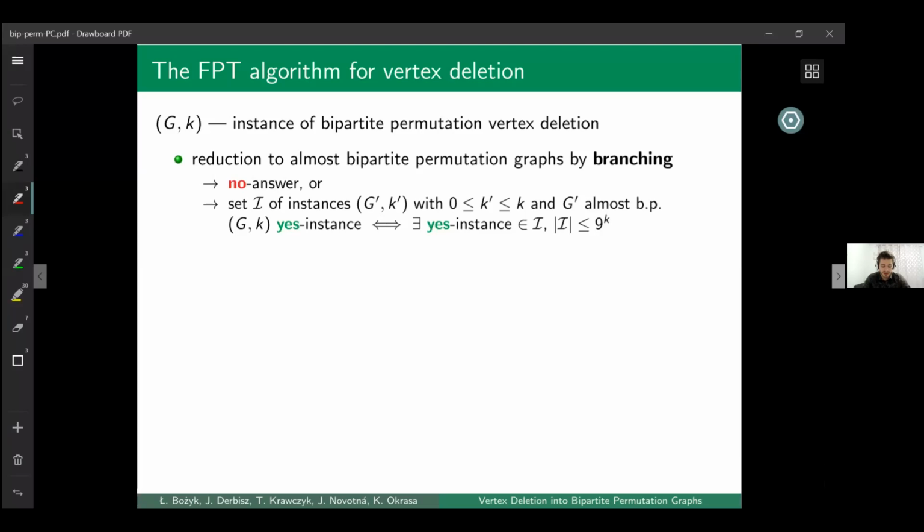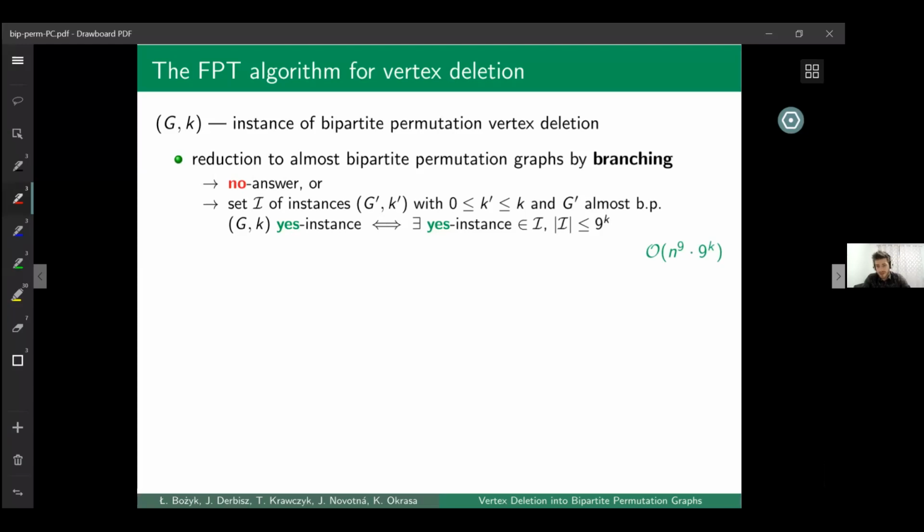What's important here is that our set of forbidden structures for almost bipartite permutation graphs is of bounded size. Each of them has at most 9 vertices. So our branching tree has at most 9 to the k leaves.